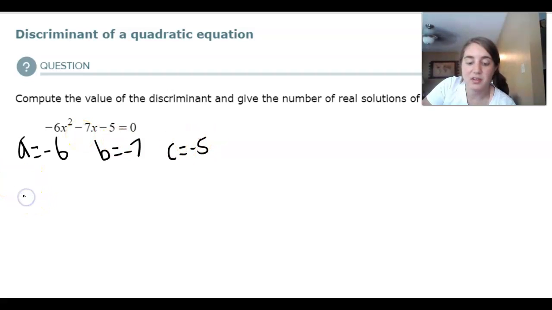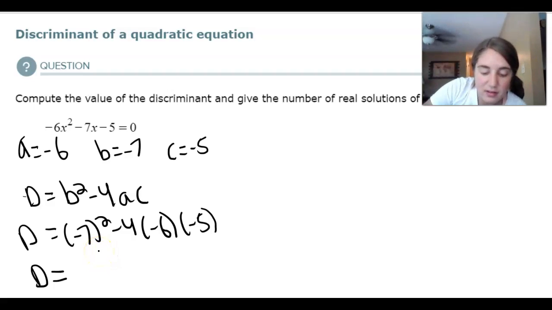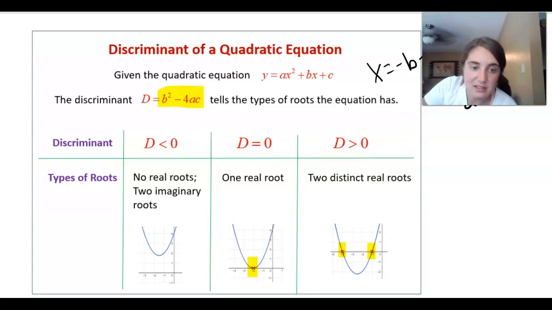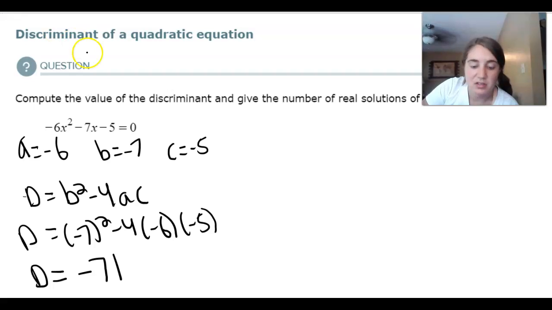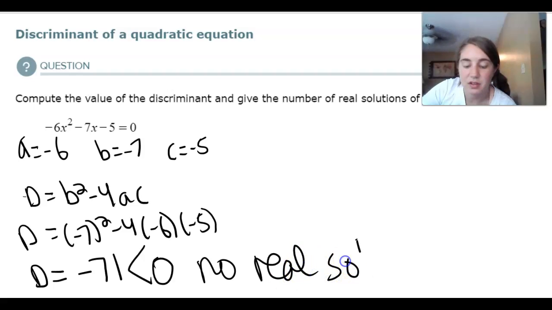So the discriminant equals b squared minus 4ac, which ends up equaling negative 71. So if I go back to this chart, my discriminant was negative. It's asking how many real solutions. So it's less than 0, so no real solutions. And we can cry about that.